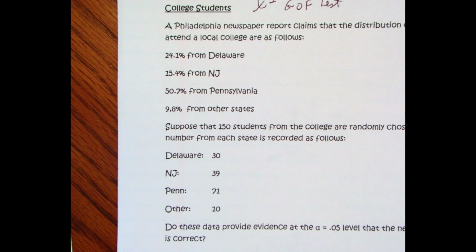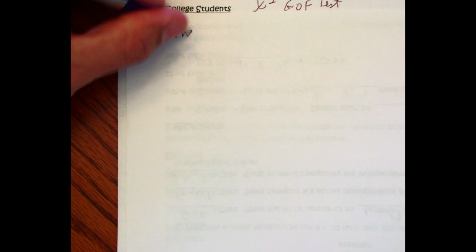Now our parameter could be what all those p's are, and we could list it as p sub d is the proportion of students from Delaware, p sub n is the proportion of students from New Jersey, and so forth. However, that's not the way I do it, because when I'm dealing with a chi-squared, I'm dealing with a distribution. So my parameter here is simply going to be the distribution of home states of students at a local college.